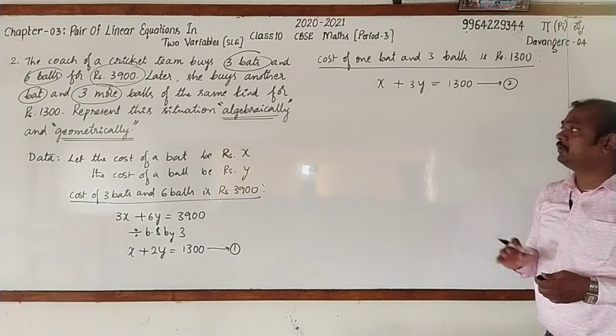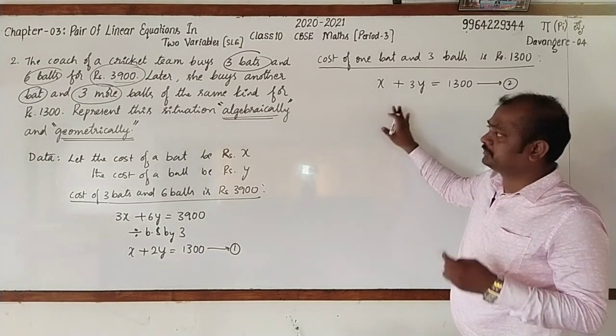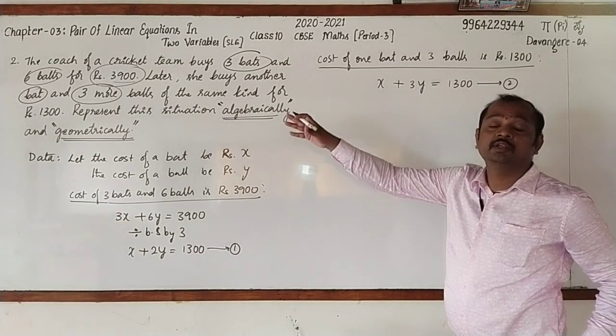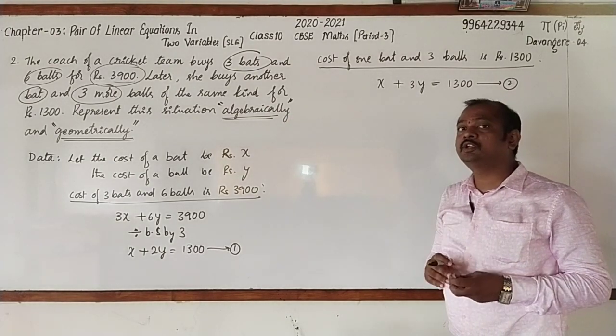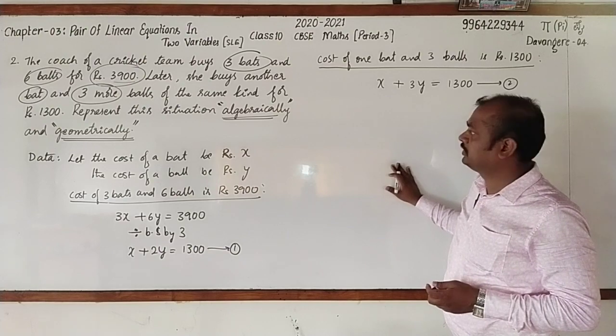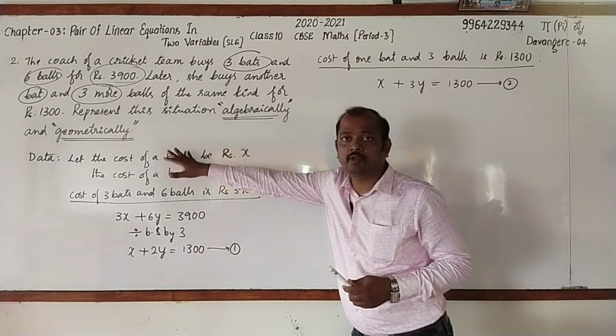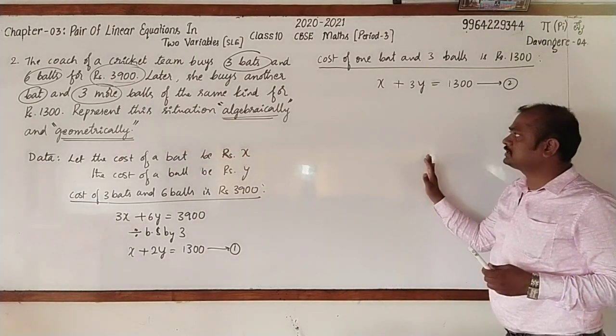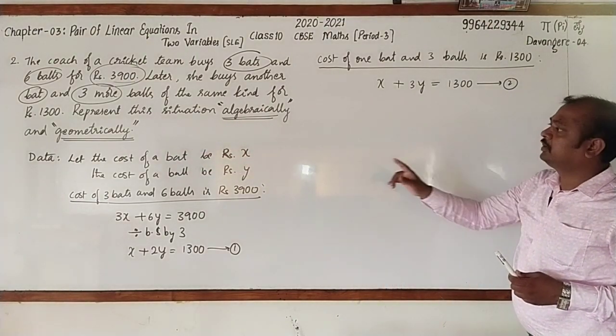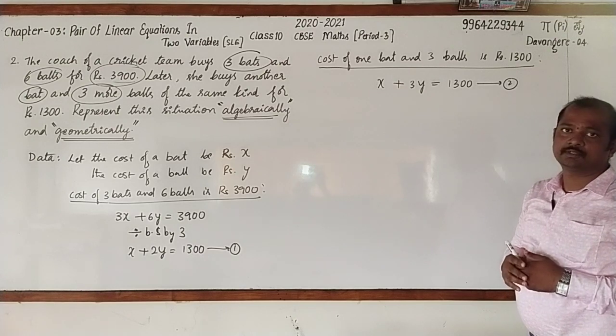Now let us represent this geometrically, that is, in the graph. Hence we need to find the coordinate points. So let me use this space for coordinate points and this space for the graph. So you just copy it.